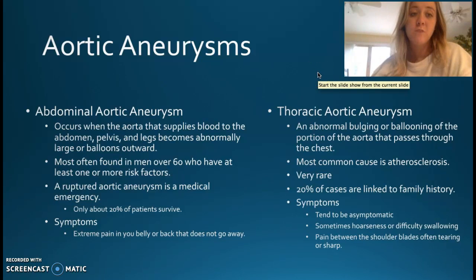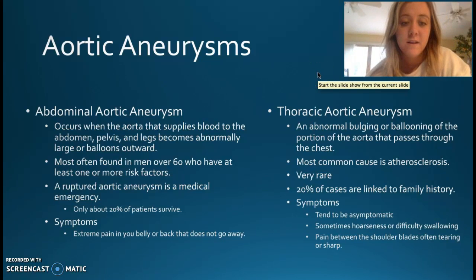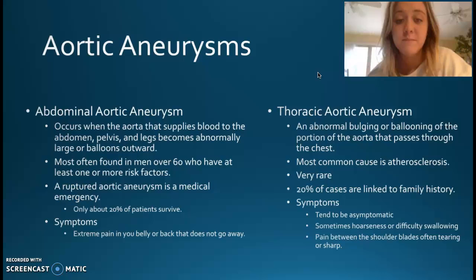So next we're going to be talking about aortic aneurysms. Abdominal aortic aneurysms occur when the aorta becomes abnormally large or balloons outward. Symptoms of abdominal aortic aneurysms may include severe, sudden, persistent, or constant pain in the abdomen or back, clammy skin, dizziness, nausea and vomiting, and rapid heart rate.